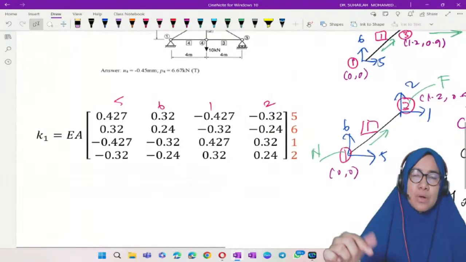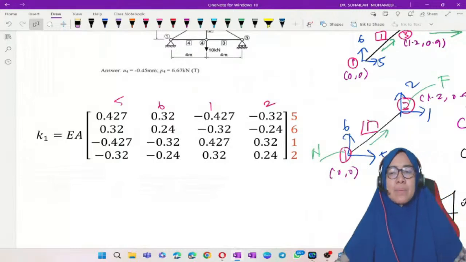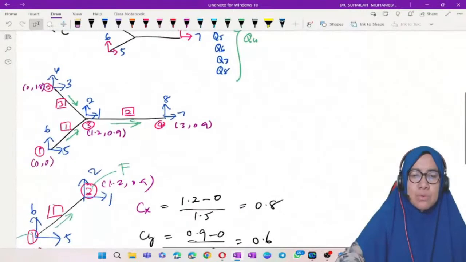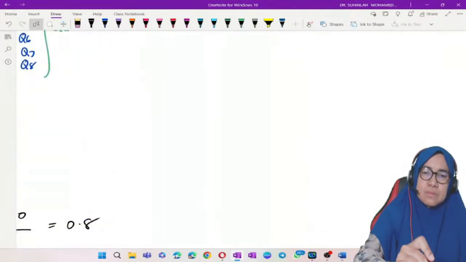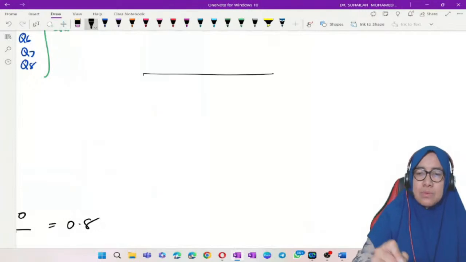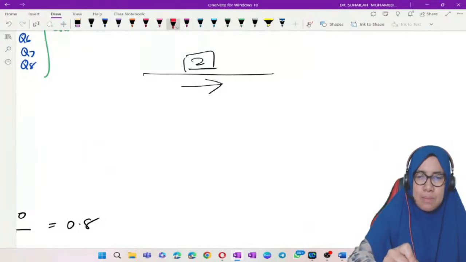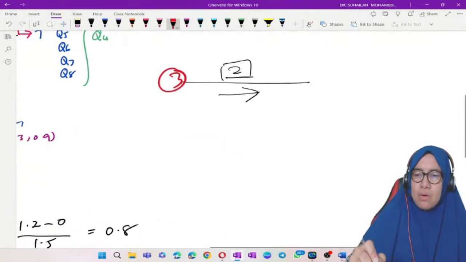We continue the same for element number 2 and element number 3. For element number 2, the arrow is like this, from node number 3 to node number 4.